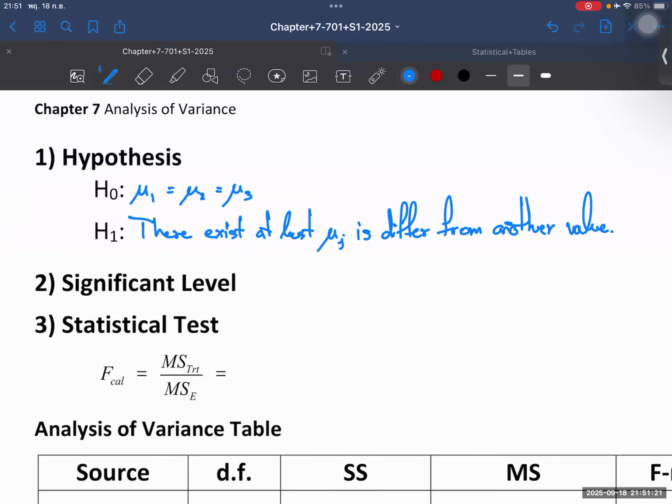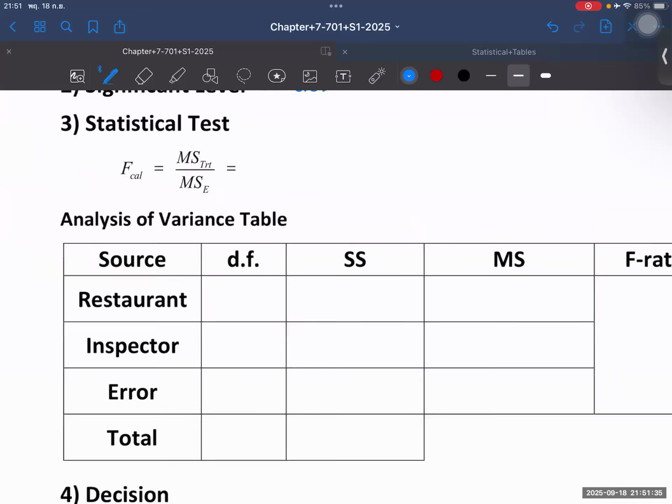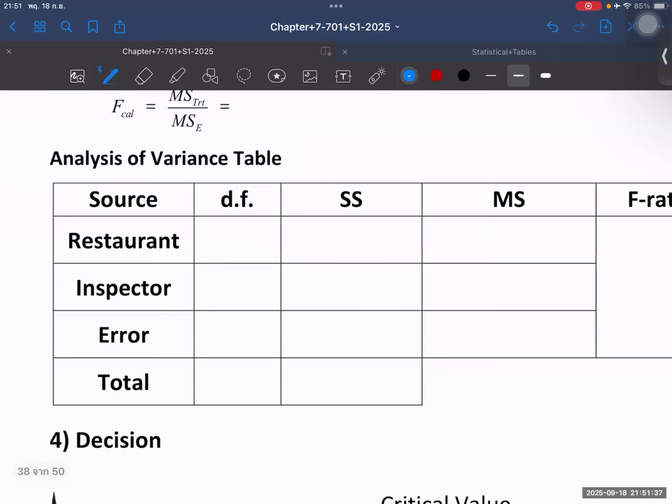Okay. So we have to set up the level of significance. The level of significance is 0.05, and we have to use the two-way ANOVA. Okay.